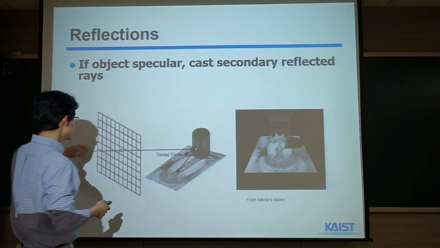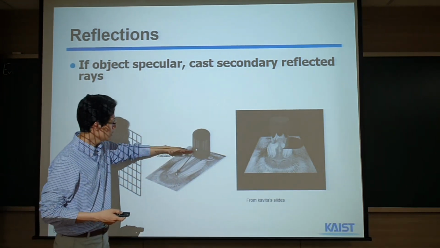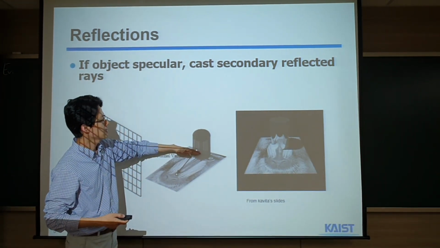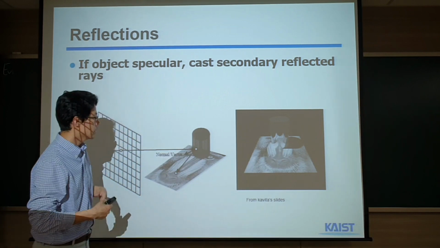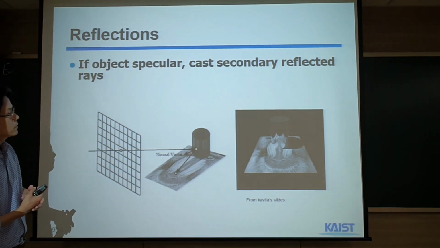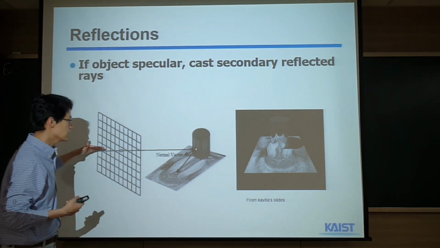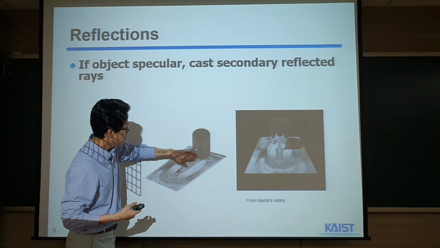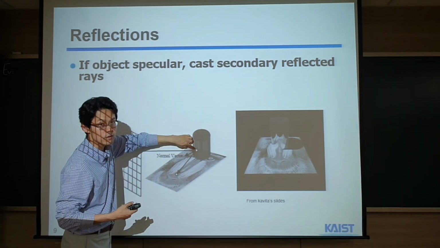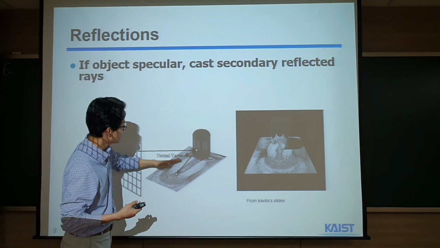We again generate a primary ray, and if it hits this reflective material, suppose in this case we assume that this is a perfect mirror. Then for this incoming ray, at that intersection point, we also know the normal vector, right?